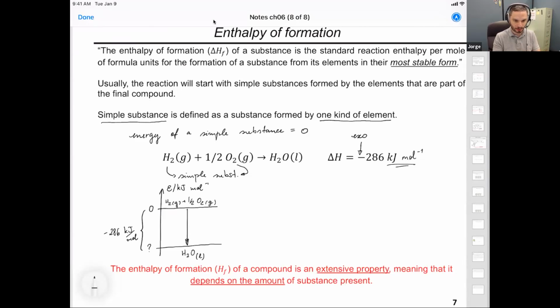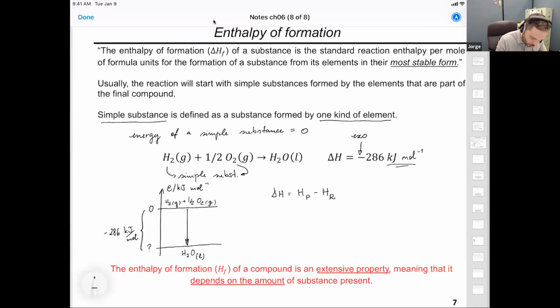286 kilojoules per mole. So now what I'm going to write is delta H. When we have a delta, that means we always have the final enthalpy of the products minus the start enthalpy of the reagents. Enthalpy means the energy level of products and reagents.